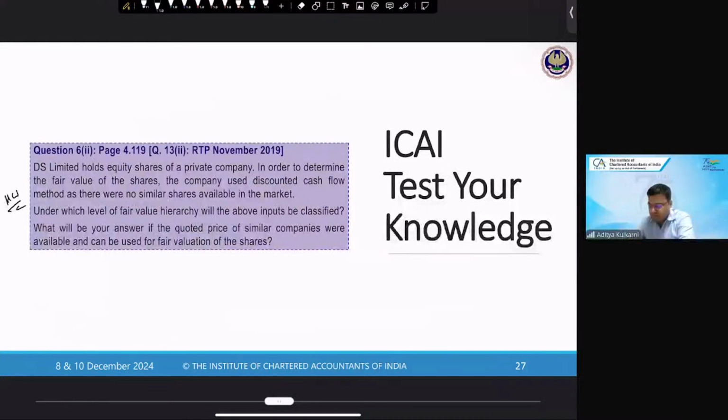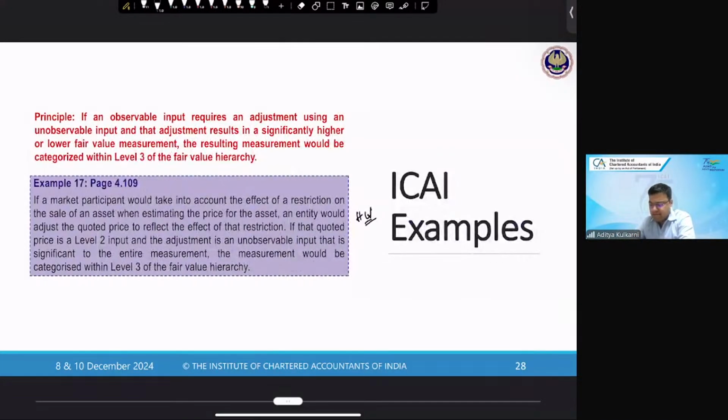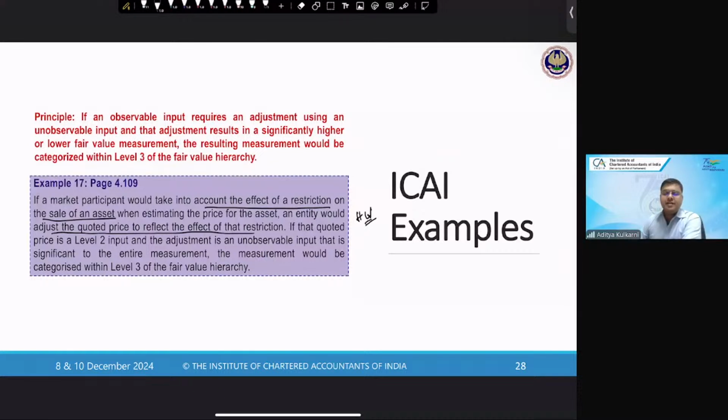Now, I hope you saw these 2, 3 questions. Key question is, if a market participant takes into account the effect of restriction on sale of an asset, an entity would adjust the quoted price to reflect the effect of that restriction, obviously.